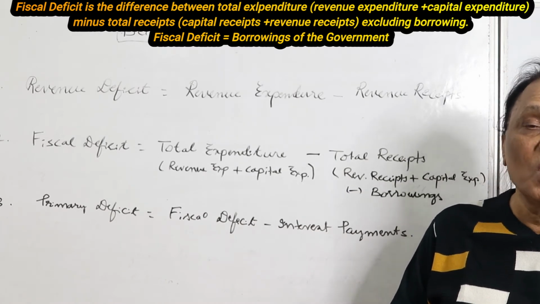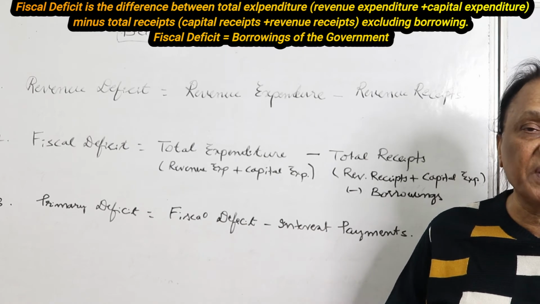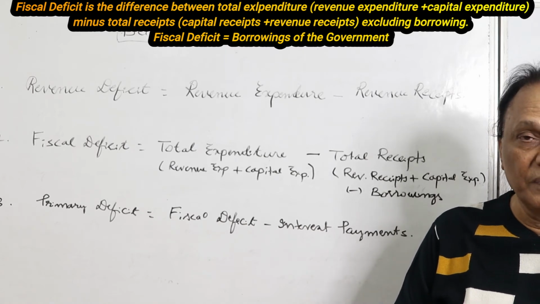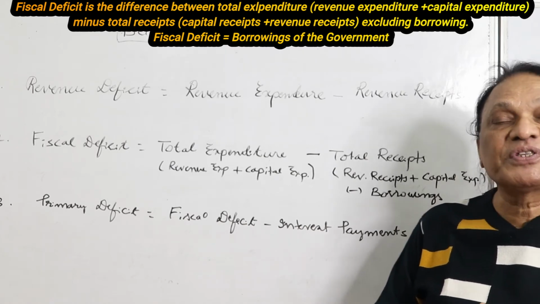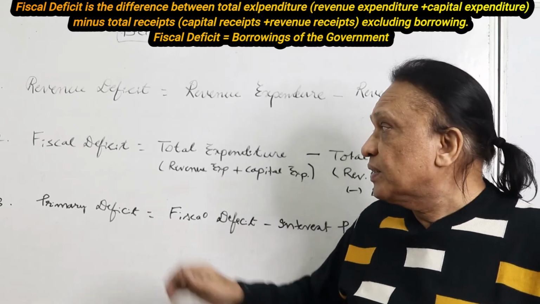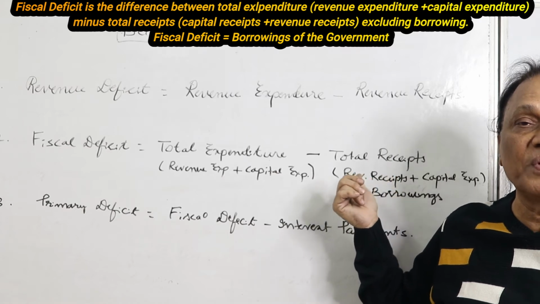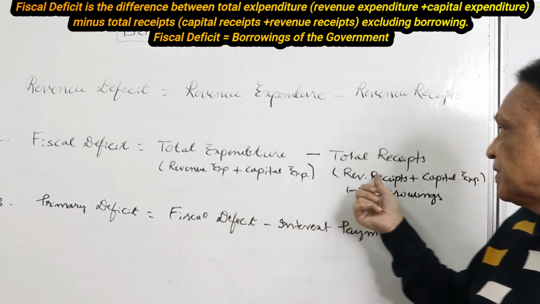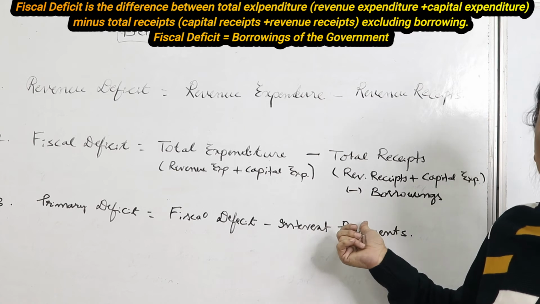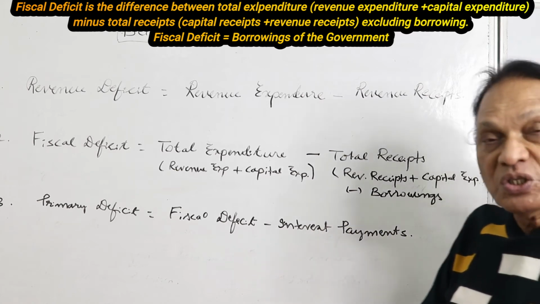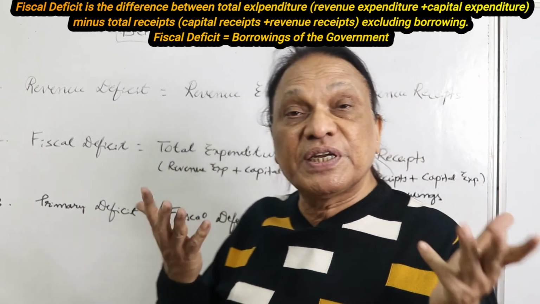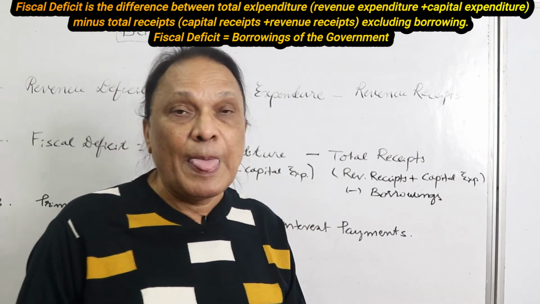You just remember the formula: fiscal deficit is equal to total expenditure, that is revenue expenditure plus capital expenditure, minus total receipts, that is revenue receipts plus capital receipts excluding borrowings. That means simply we can say fiscal deficit is nothing but borrowings.